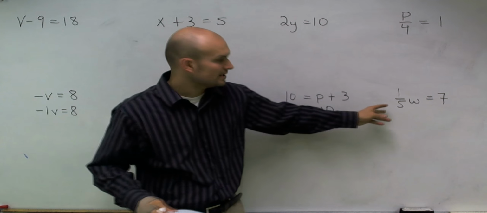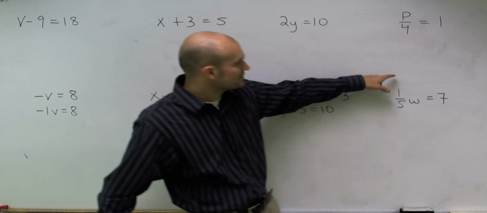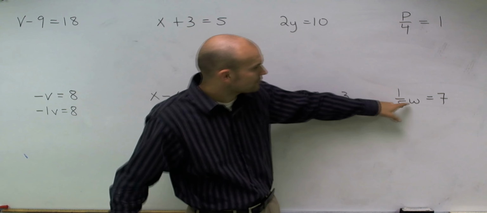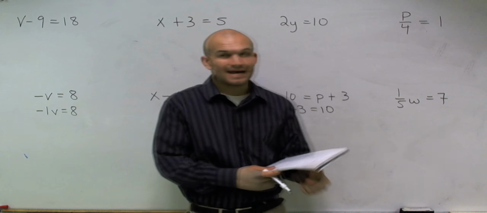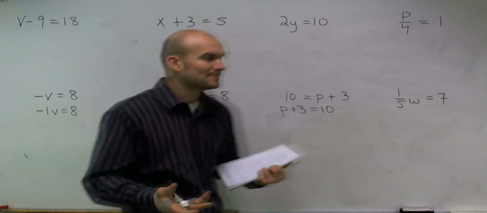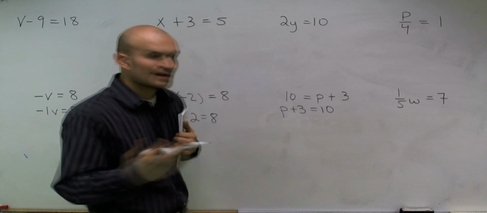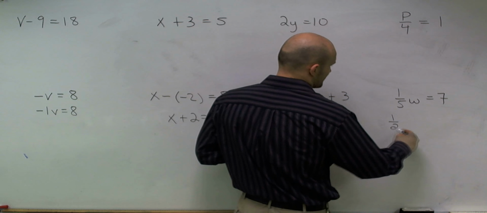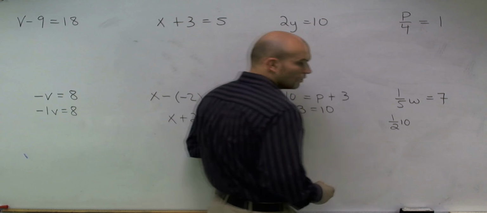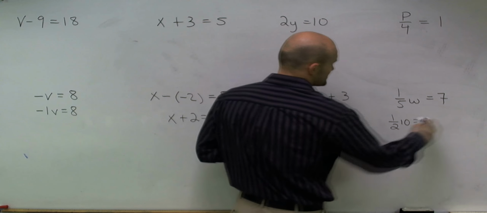And then the last one is here, what I did is I rewrote a division as a multiplication of a fraction. So it's a lot of the same thing. What's really happening is the exact same process. Think about it this way. What is 1/2 of 10? Well, we know the answer is 5.